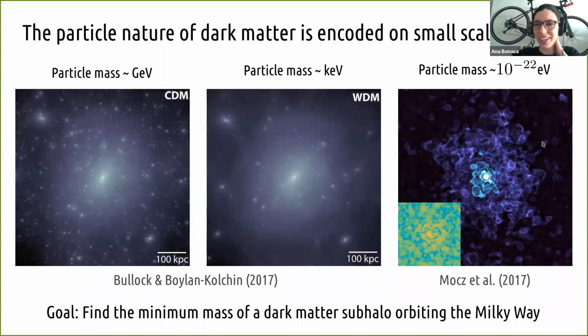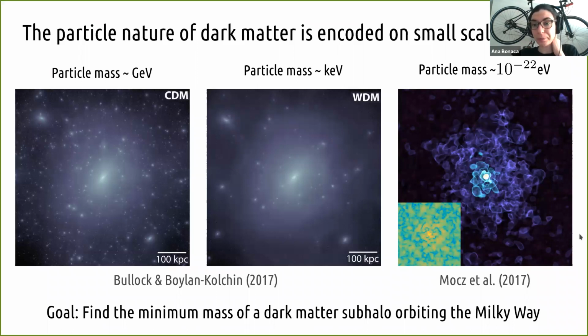And so the structure is very different and also very transient, which doesn't really come across in this static image. But as regards the small scale structure, in this case we really shouldn't have any, or very few, dark matter subhalos.